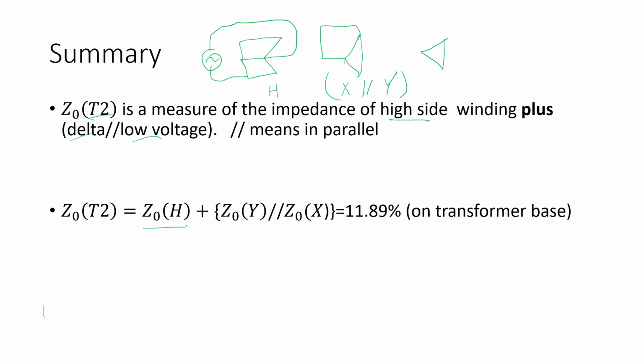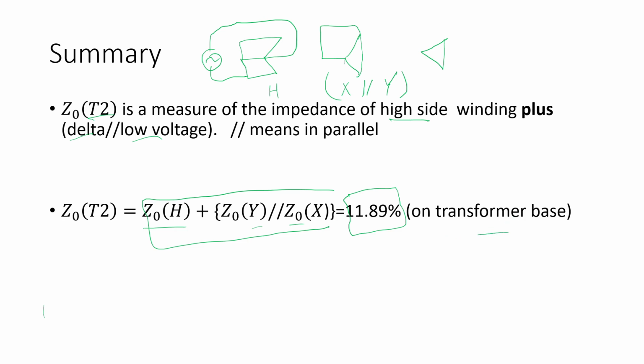So it's the zero sequence of the high voltage plus the quantity zero sequence of the stabilizing winding, or the delta, in parallel with the zero sequence impedance of the low voltage winding. And this number here, basically what I calculated previously. What I'm adding really is just this equation here.